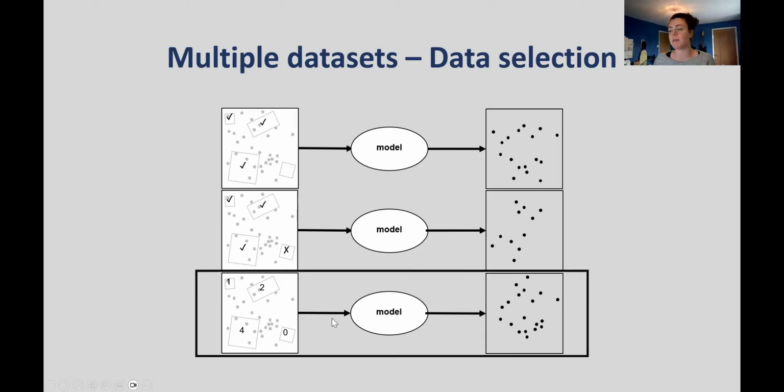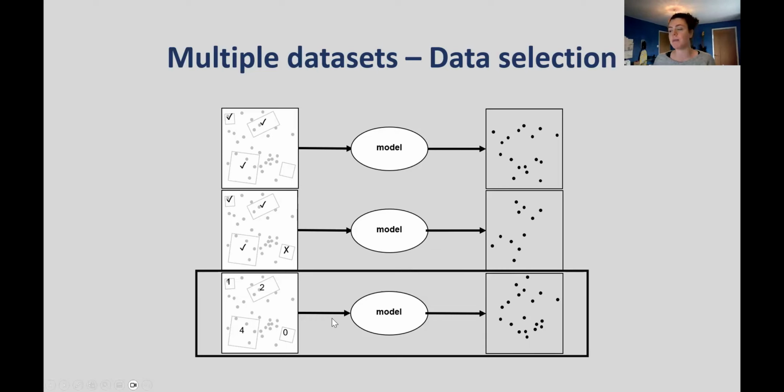So the better way to do it is using model-based data integration. What that means is that we keep the data set separate. We model each of them using their own separate observation model that will describe the way that that data set was collected, and so the specific biases that might be present in the data.